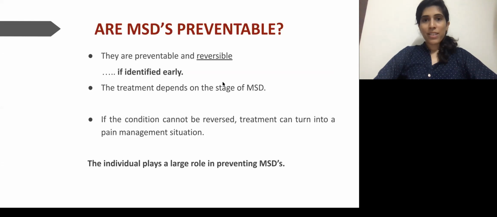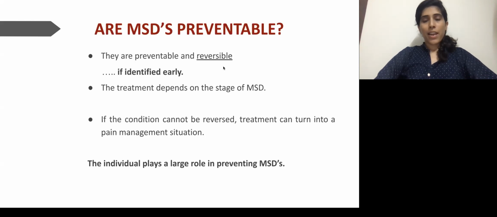So, are MSDs preventable? Yes, they are preventable if identified early, and the treatment depends on the stage of the MSD. If the condition cannot be reversed, the treatment can turn into pain management.